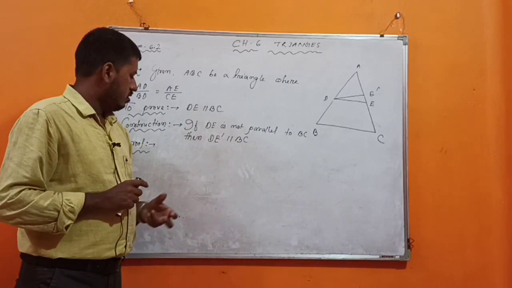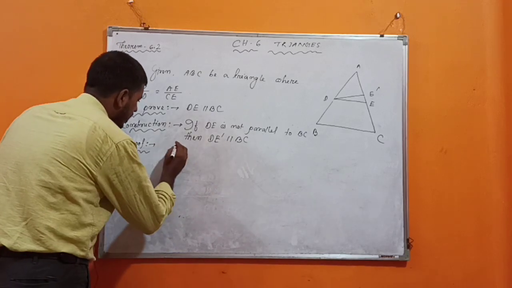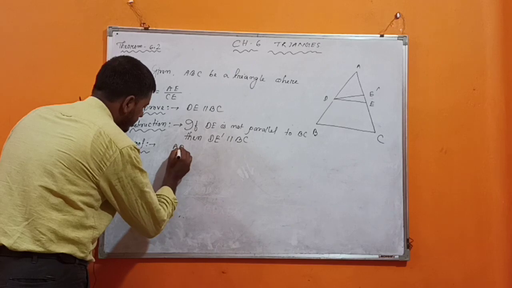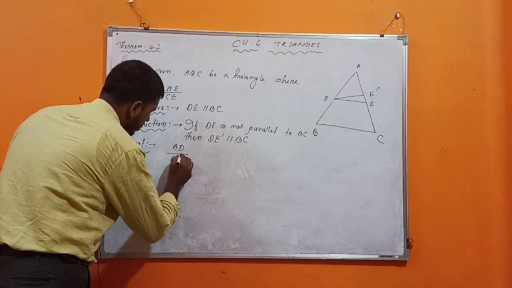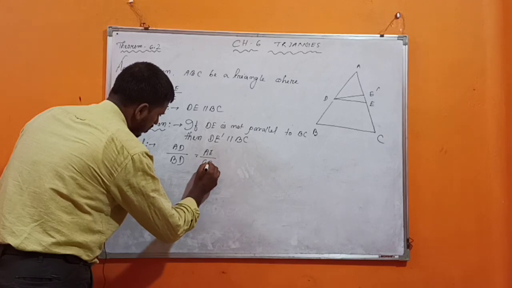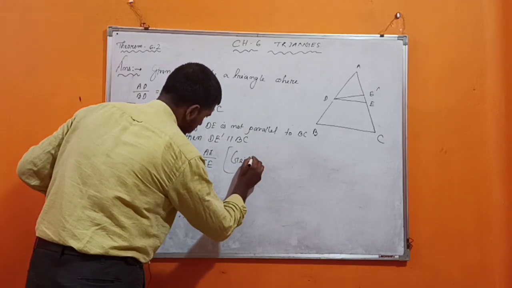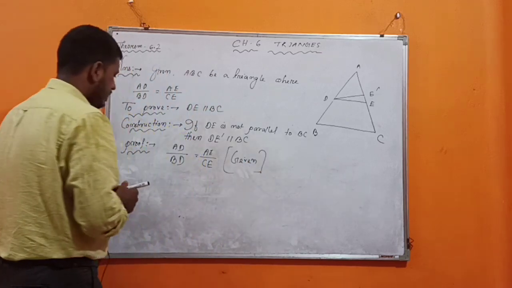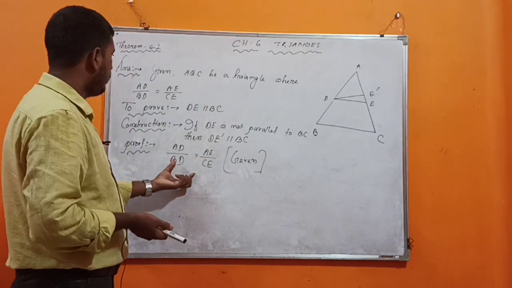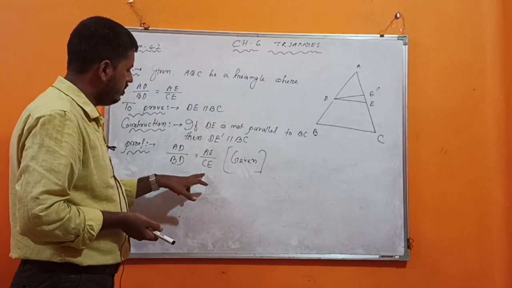So I have written in construction, if DE is not parallel to BC, then DE dash parallel to BC. Okay. So what we are to prove? We can write AD by BD equal to AE by CE. Okay, AE by CE, it is given in the question. It is given that AD by BD equal to AE by CE.